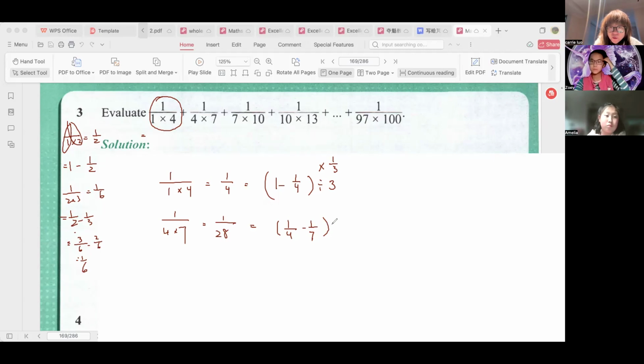So 1 over 4 minus 1 over 7 equals 3 over 28, right? So again, I need to times 1 over 3 or divide by 3, right?